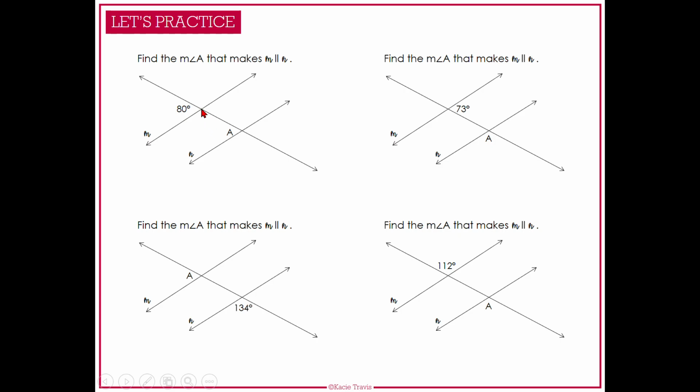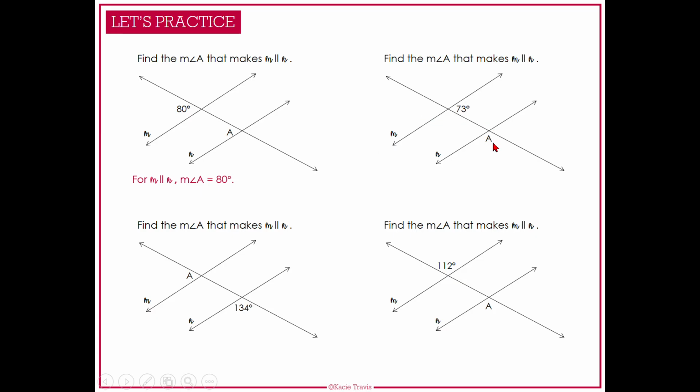They're in the same part of the line on the matching corner. They're both facing the same way, not inside of each other like consecutive ones are. So, if that's the case, these two have to be both 80 for these lines to be parallel. Nice and easy.